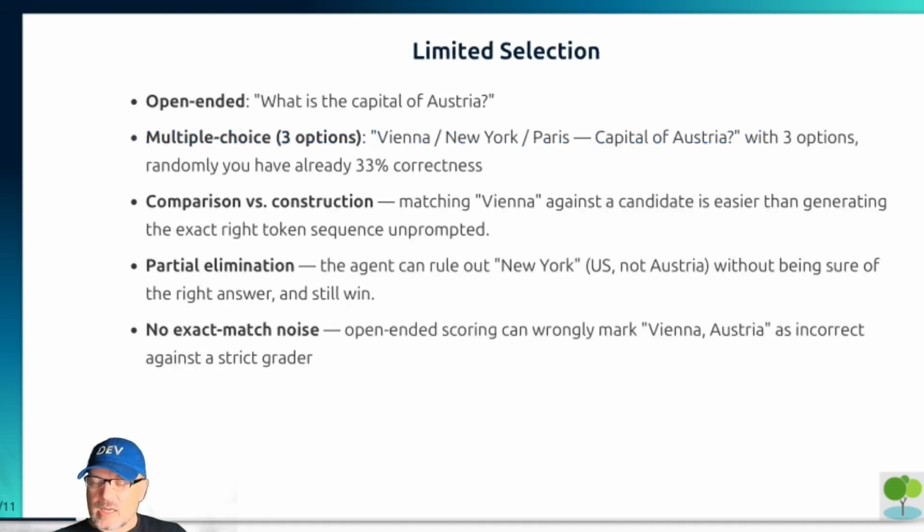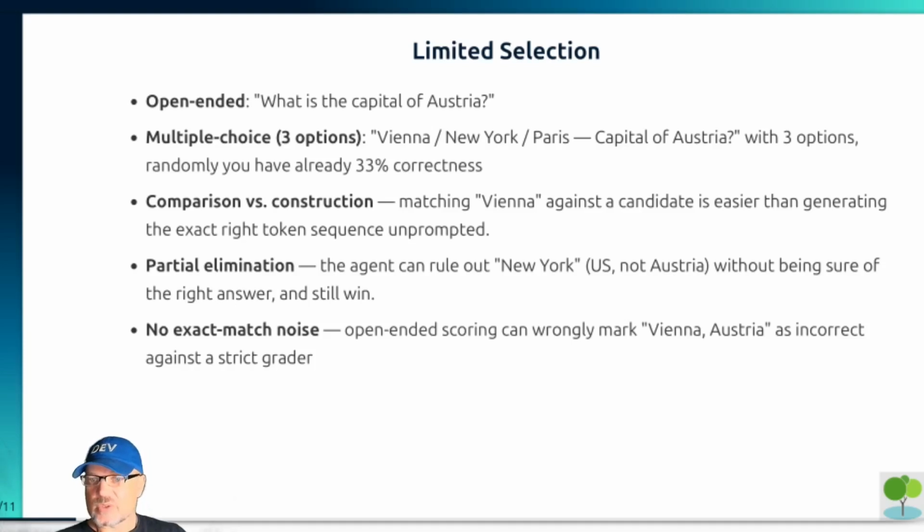An open-ended question would be: what is the capital of Austria? But with a multiple choice question, I can ask: Vienna, New York, Paris, what is the capital of Austria? With these three options, if you just choose one randomly, you already have 33% correctness. It also helps in comparison. It only needs to compare against Vienna, which is easier than generating the word Vienna or the correct answer. It also helps in partial elimination.